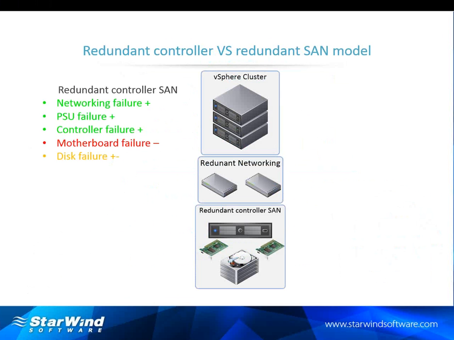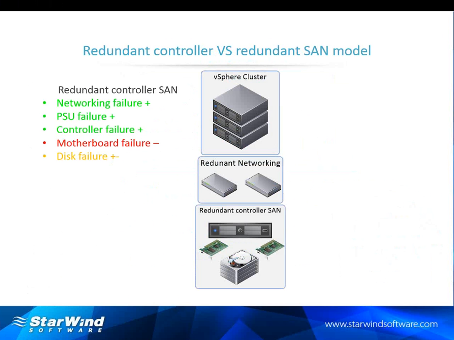But if we look at the red and orange bullets, we see that if a motherboard fails, or if the disk set fails, or let's say you ran RAID 5 and more than one disk failed, it's not just a degraded state, it's a total disaster. You still have your second controller, but your disks are already gone. There is nothing you can do, you can only restore from backup.